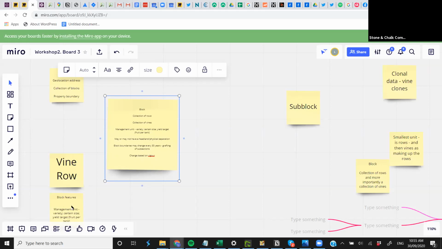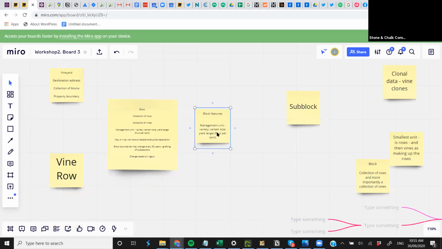Okay. So is that going to be a feature of a block, like the vigor count, the vigor score, whatever it is? It depends if you're in a commercial situation, say a Riverland vineyard where you've got big volumes selling to multiple organisations, or you're a small producer in a premium area like the Barossa. It's not going to change generally.